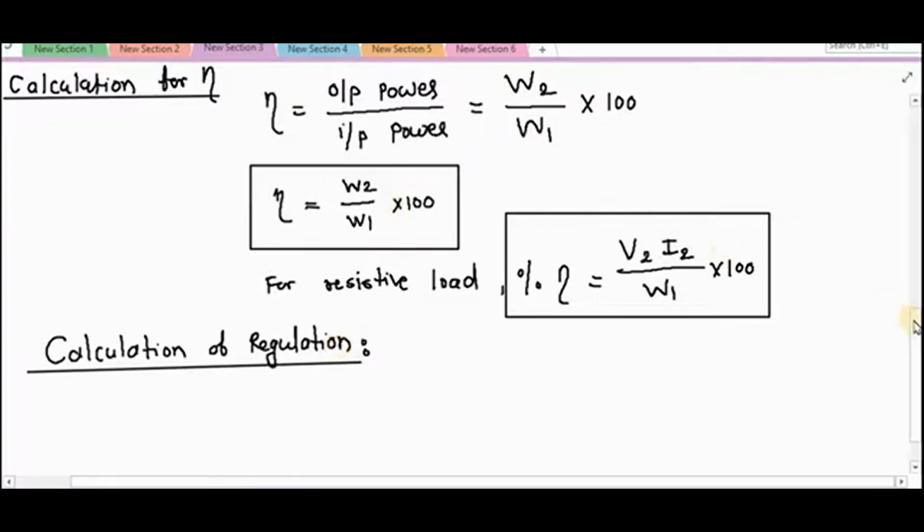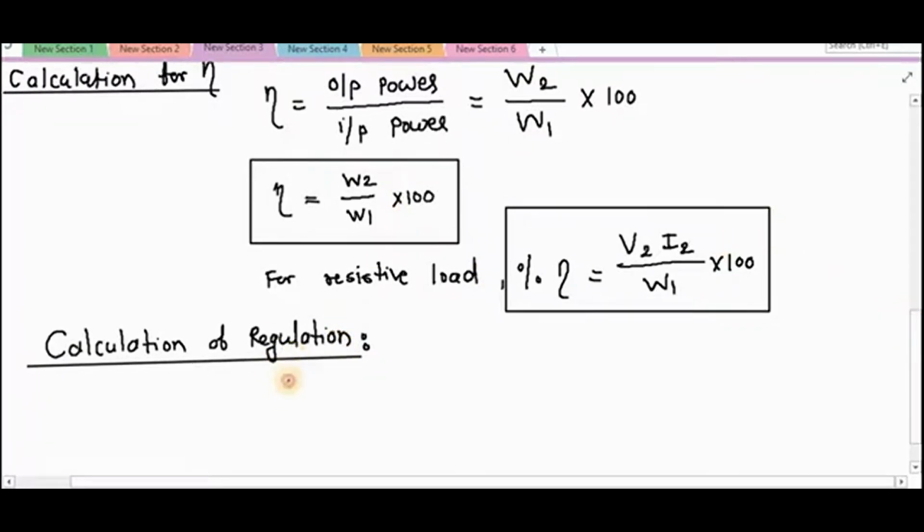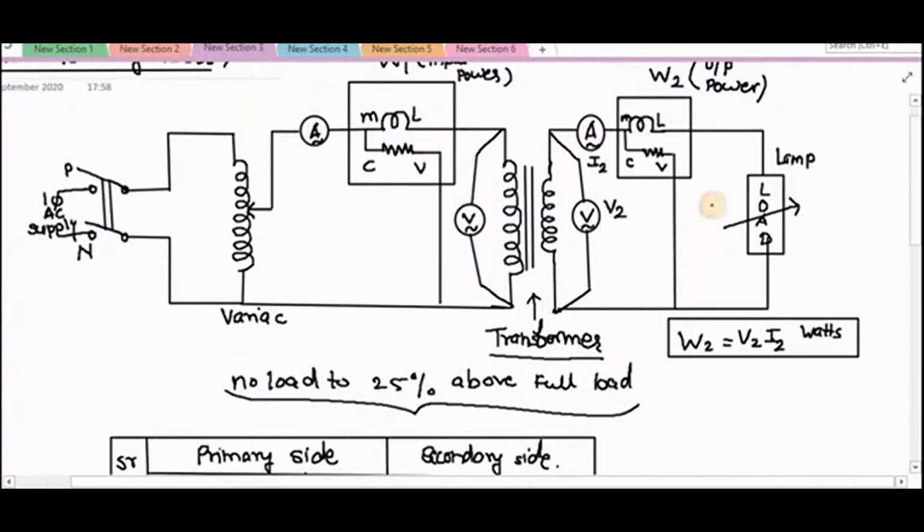My current is 0. At no load, what is my output current? Output current I2, the current flowing through the secondary winding, is 0. So the voltmeter reading on the secondary side of this circuit diagram gives me the no load secondary terminal voltage, right?